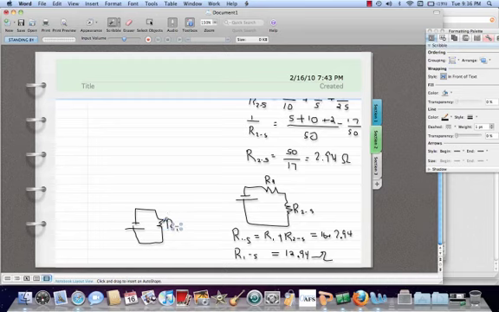So now if I want to find the current through R1, I can find it by saying I1 is equal to V total divided by R total. And R total, right, is now R1 through 5. So these two are the same thing. So V total is equal to 25.